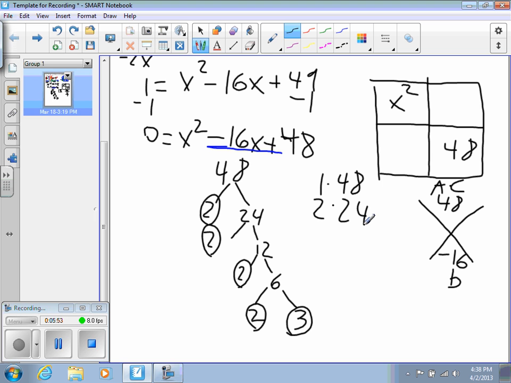Well, there's a 3 right here. So yes, it is divisible by 3. When I divide by 3, what do I get? Well, I get 2 times 2 times 2 times 2. What is that? Well, 2 times 2 is 4. 4 times 2 is 8. 8 times 2 is 16.